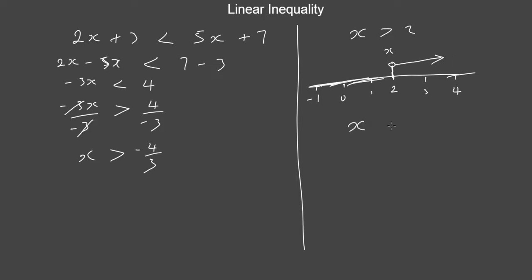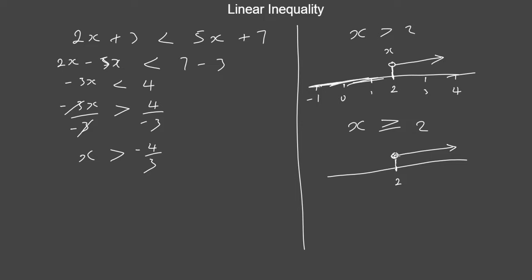What about if you have this? You have equality, right? The first one has no equality sign, but this has an equality sign. It's very straightforward too. You indicate where the 2 is on the number line, put your marker on top of it, then indicate that it goes in the direction which is greater than.